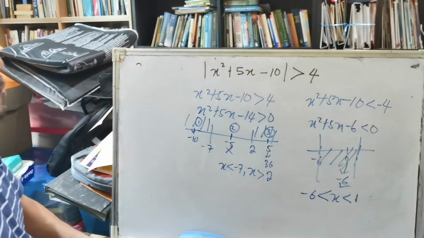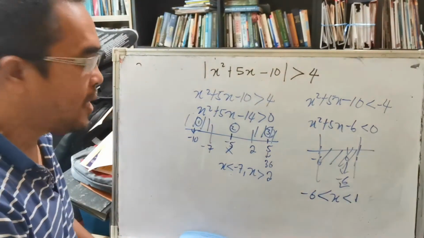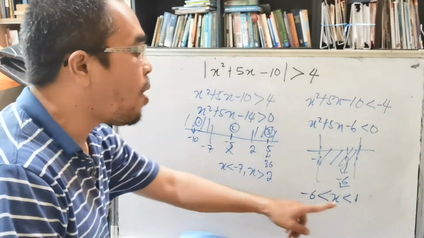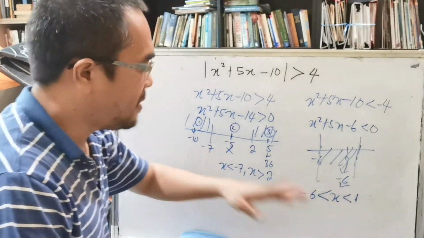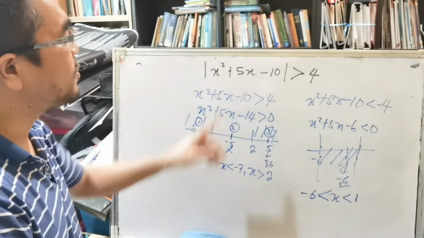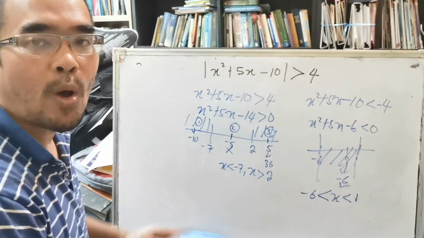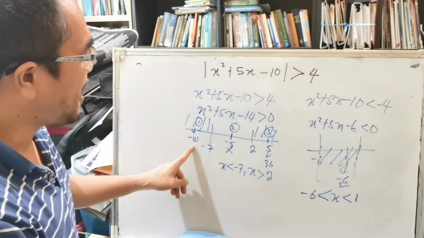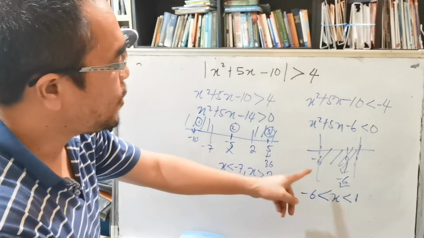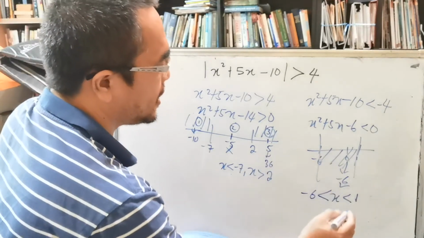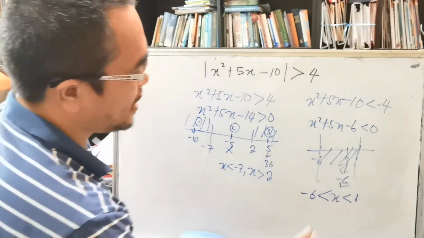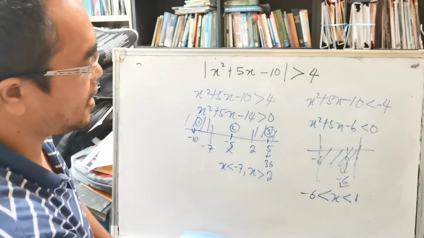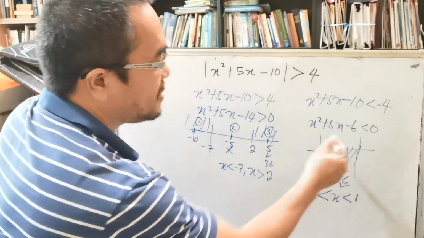So in this case, the answer for this question will be between −6 and 1. For the whole, you just pick any value that fulfills this requirement or this requirement. You will find that value fulfills the requirement of the modulus. We tried this one just now, and between −6 and 1, actually we have tried with 0.